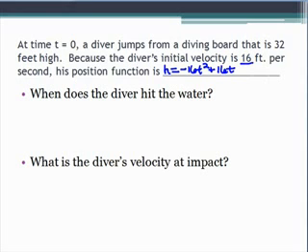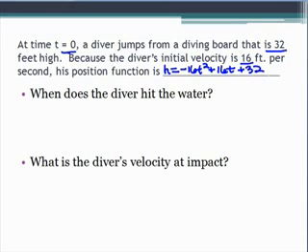And in for the h sub o, which is the initial height, we're going to plug in, at time 0, he jumps from a diving board that's 32 feet high. So that'll be a plus 32. Okay, so that's his position.